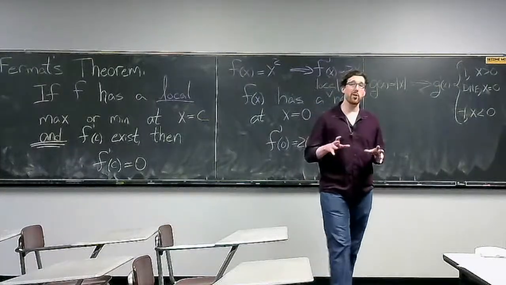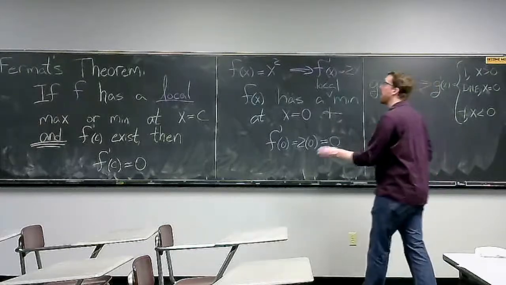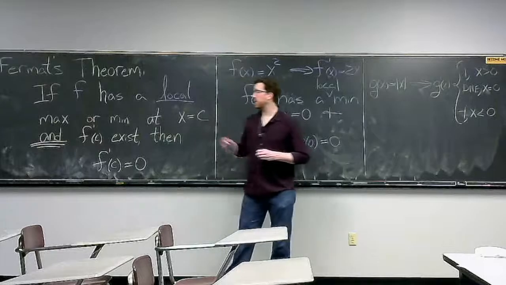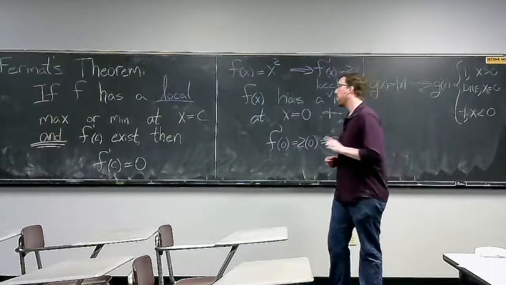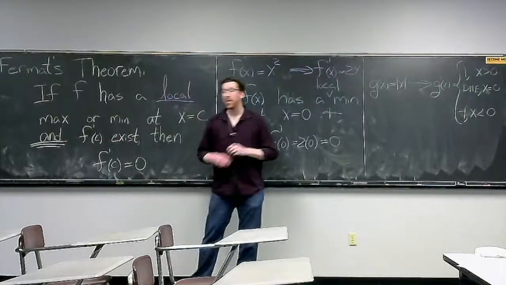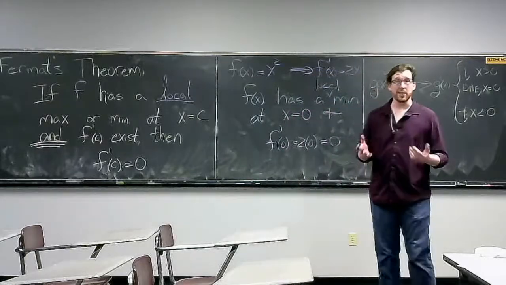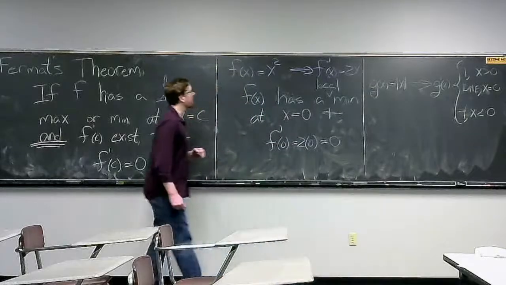So Fermat's theorem, properly said, states that if f has a local max or min at x equal to c, and if the derivative of f exists at c, then that derivative has to be 0. Now to see this in practice, let's consider the function x squared.